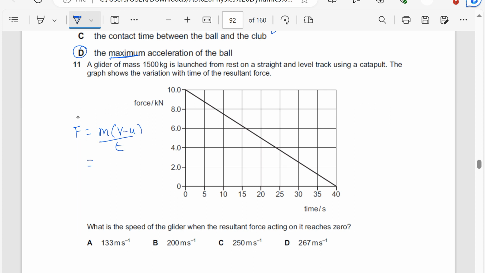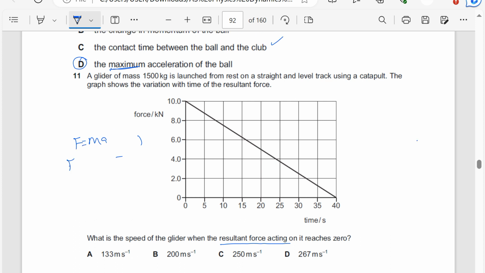When the resultant force is 0, the change in momentum is going to be equal to force times time.